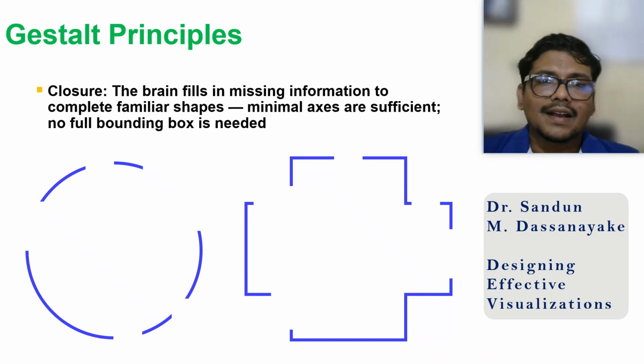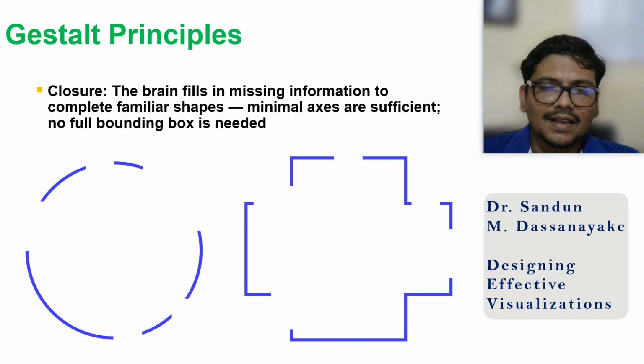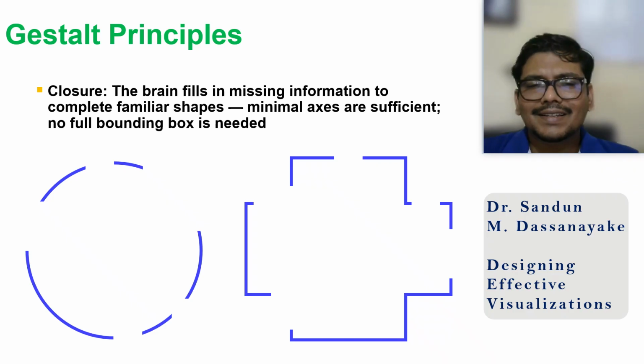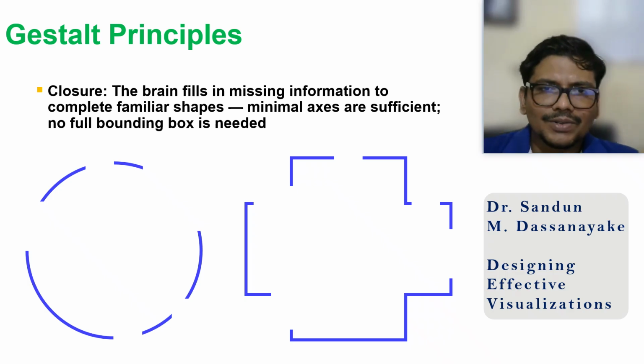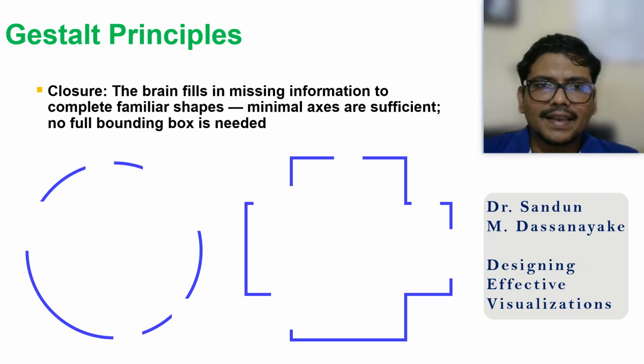Minimal axes are enough on most scatter plots and bar charts. A full four-sided border is rarely necessary, and for the data-ink ratio, that ink is usually better spent elsewhere, so remove those unnecessary lines.